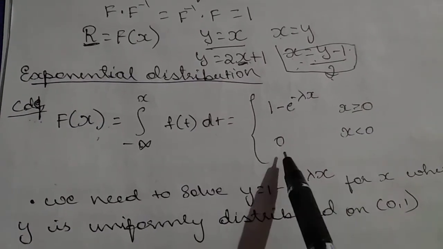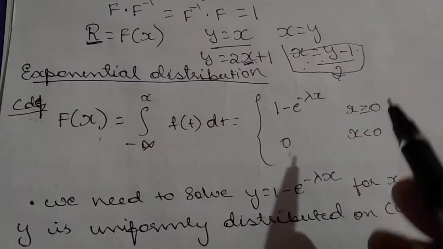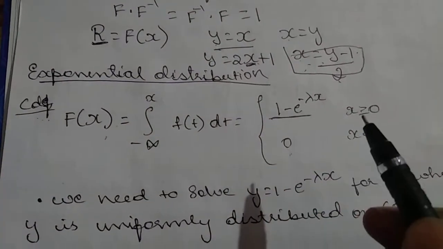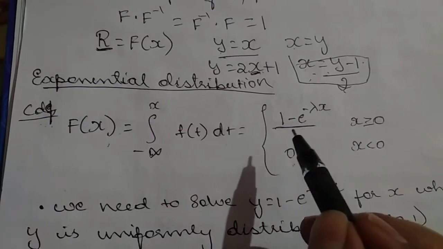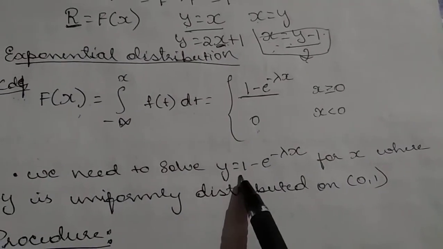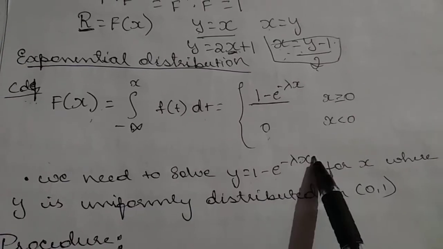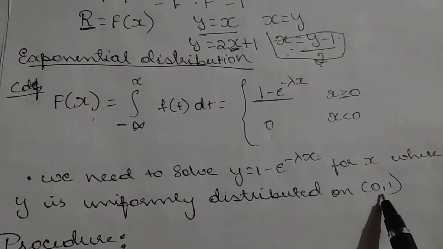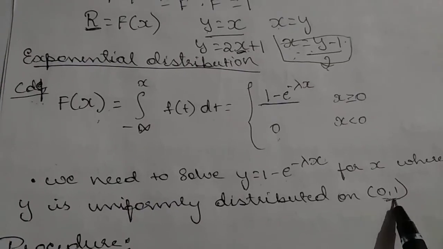If x is less than 0, then we'll consider it as 0. This is the standard exponential distribution function we have for f of x. Now we need to solve for y, that is y is equal to 1 minus e power minus lambda x for x, where y is uniformly distributed over the interval 0, 1.